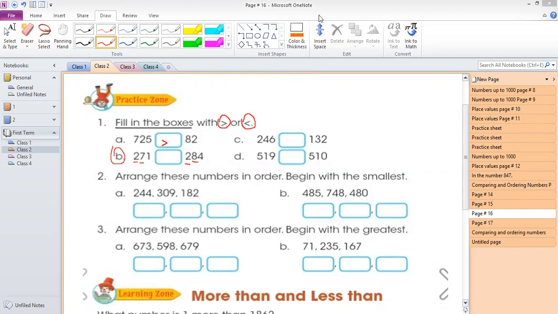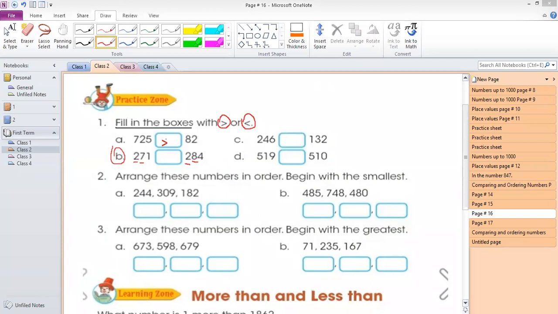Okay, guys, I am going to take one of the students. Yahya Muhammad Yusuf. Yes, sir. Yes, Yahya. Which is bigger?